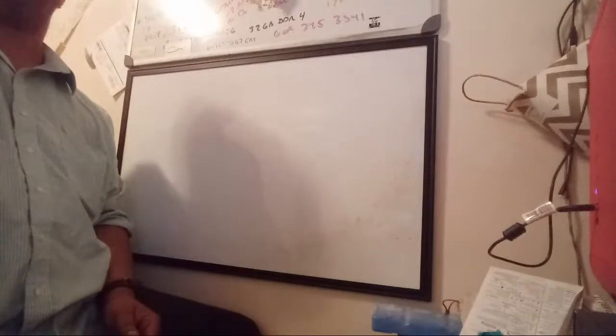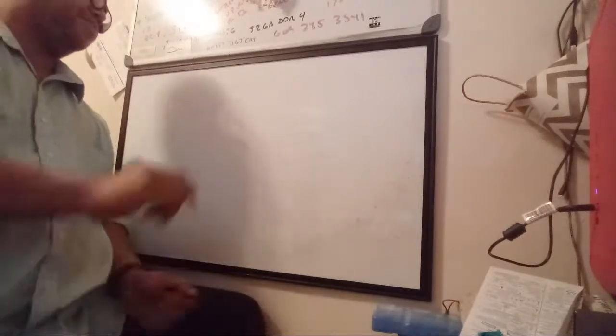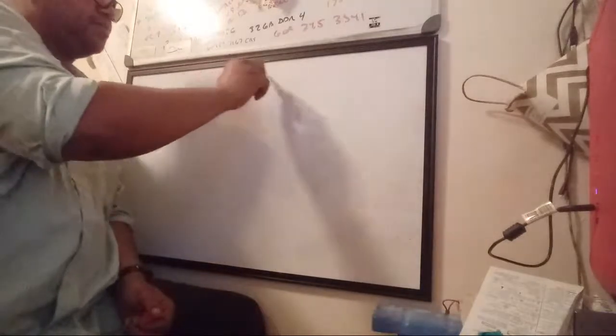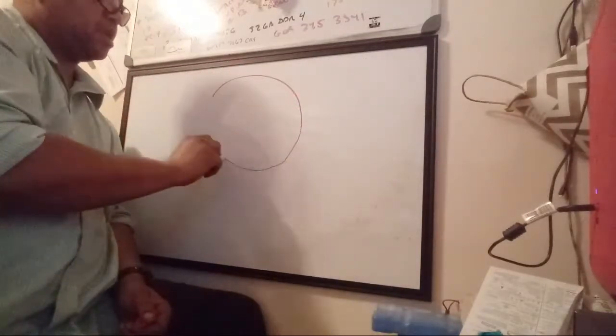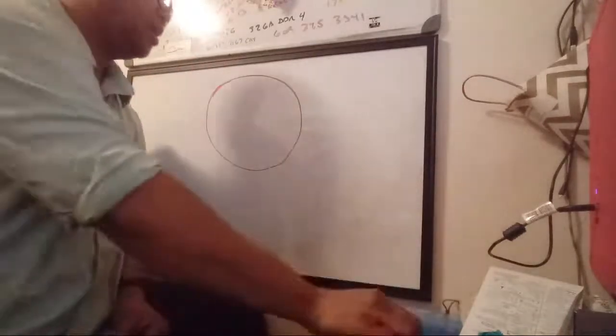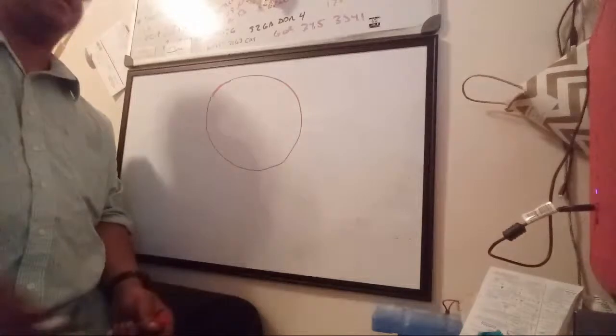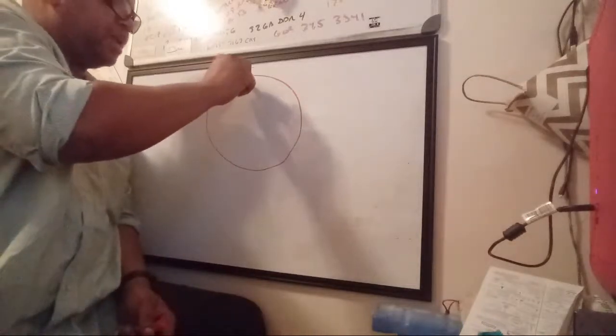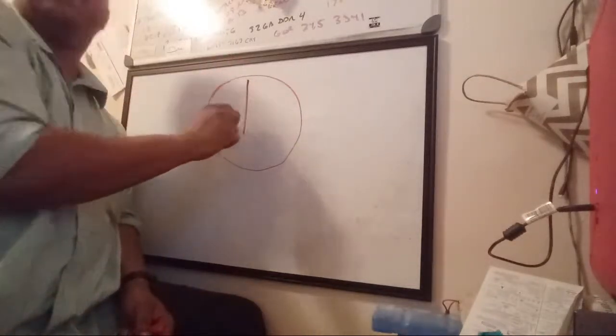Please continue. Okay. So we have a clock. Wow, that's a pretty good circle. We have a clock, and we have a minute hand and an hour hand.